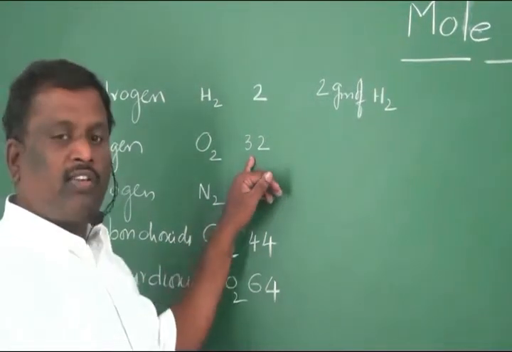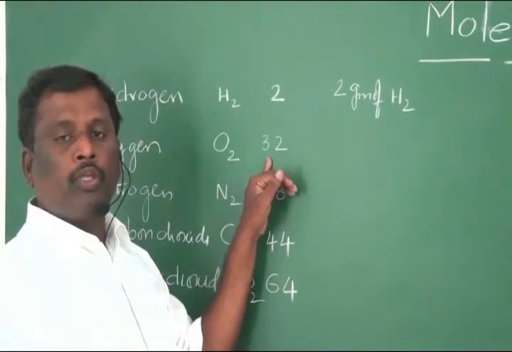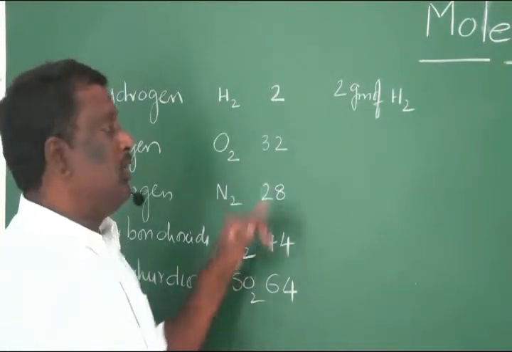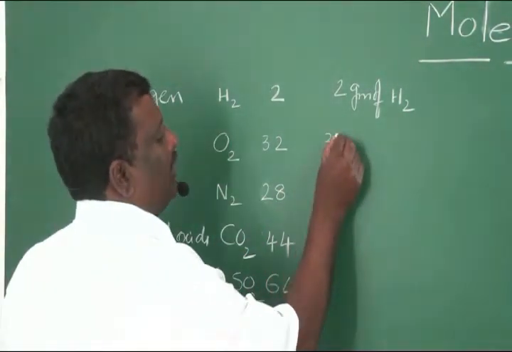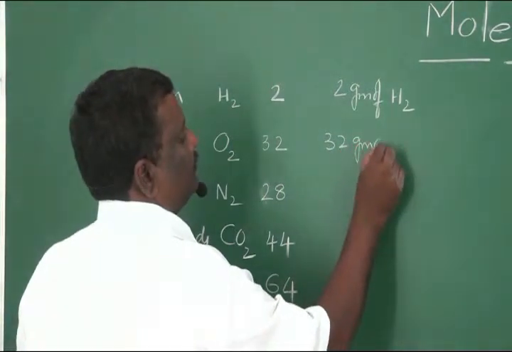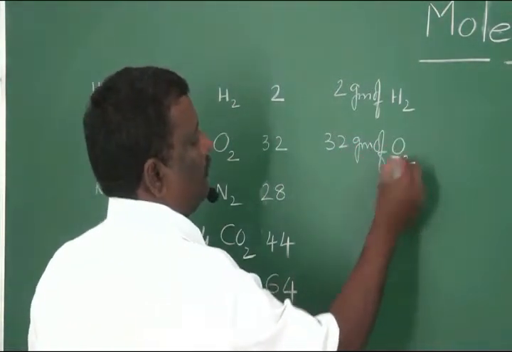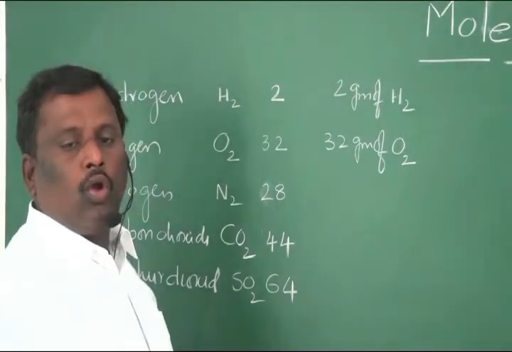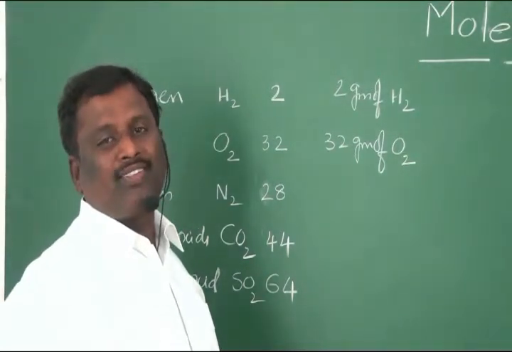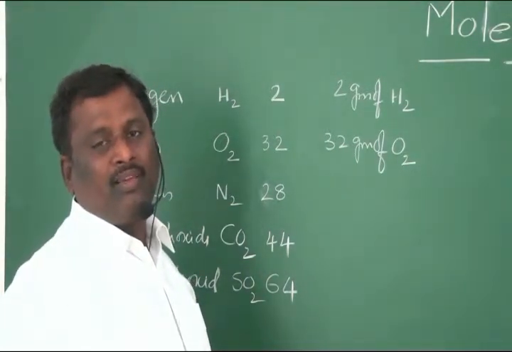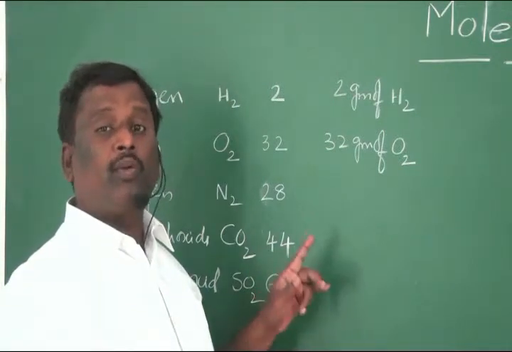The molecular weight of oxygen is 32. If you take 32 grams of oxygen, this is said to be 1 gram molecular weight of oxygen, because 32 is the molecular weight of oxygen.